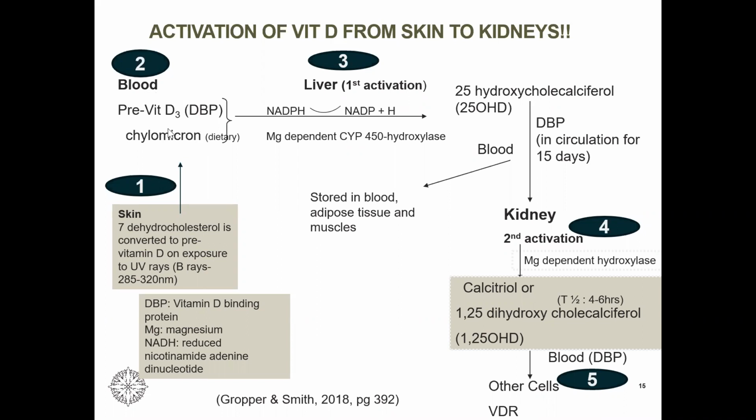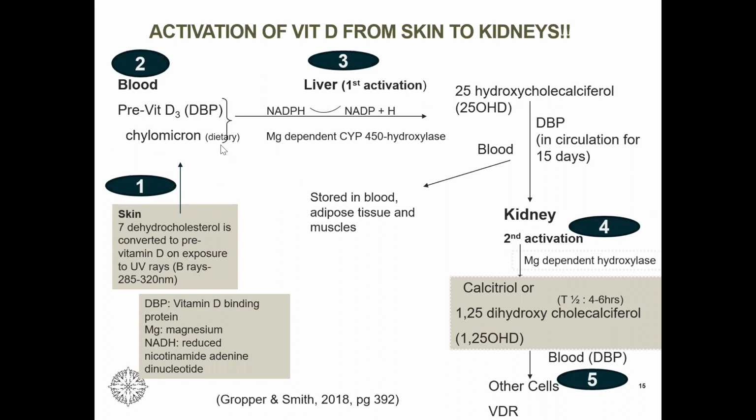And good quality protein is always so very important because it is bound to vitamin D binding proteins, the way vitamin A was bound to RBP, retinol binding protein. So here we have vitamin D binding proteins. Now, can you see that there is an addition here?